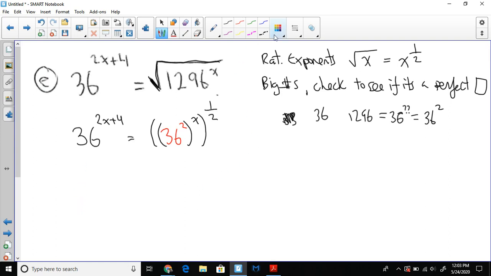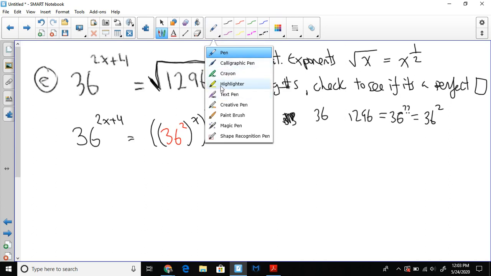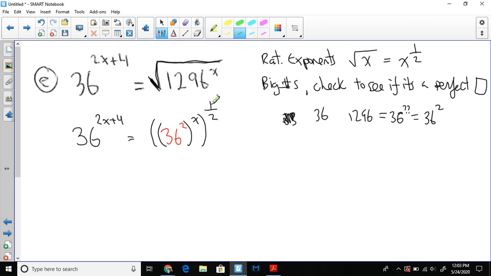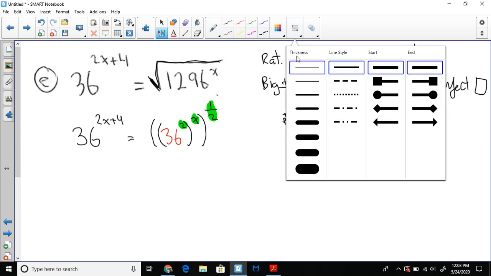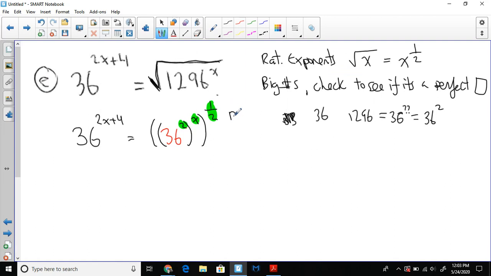So if you remember, when we did some of that work for rational exponents, see how I have this exponent, this one, this one? What I'm going to do is just use the power rule to simplify those exponents. So literally, what's the power rule? I just multiply them all.